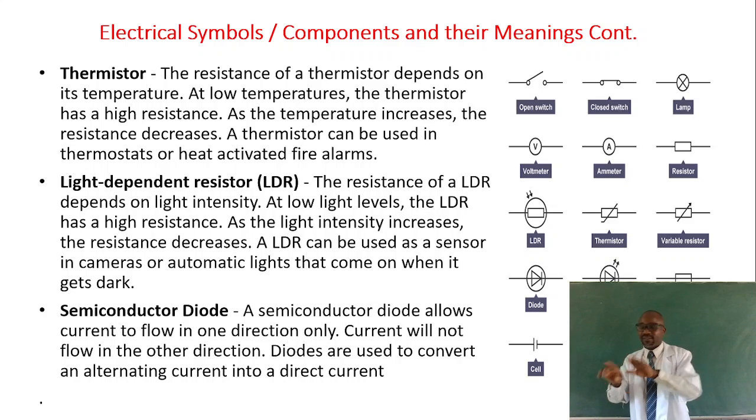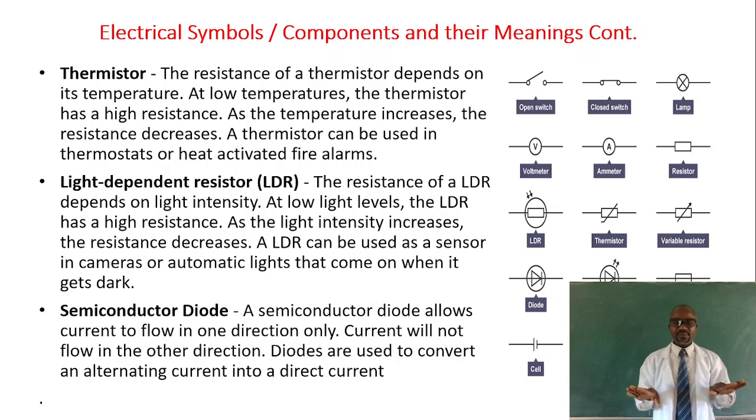Direct currents. That's all. That's what it does. Because it allows current to flow in one direction. Because of this quality, that's why it is used as a rectifier to convert alternating current into direct current. That's all. All right.